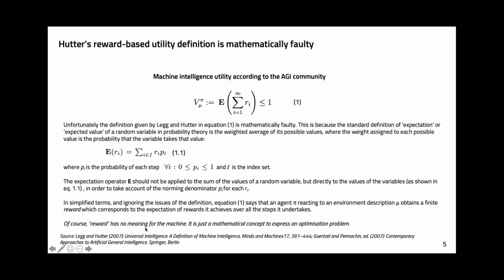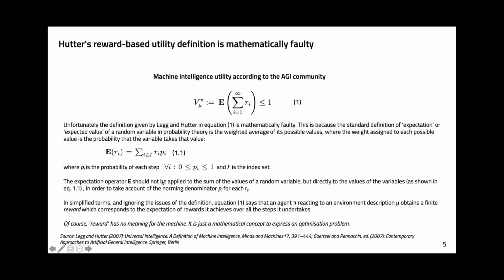Taking this aside, and just ignoring the definition problems and imagining they had used the proper definition of expectation, which you can read up in any very basic textbook of statistics. I mean, it's cool when you learn to calculate the probability of throwing the number 7 with 2 dice. You learn this.